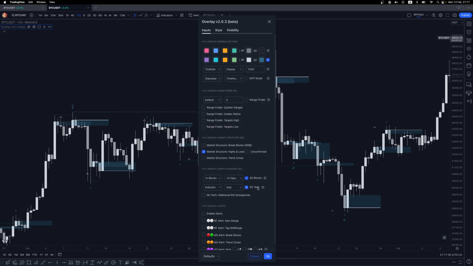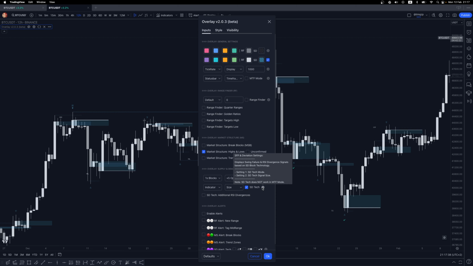So it takes these blocks and then applies logic to it to detect swing failures, and this is one of the key features of this new version: there is now an RSI oscillator integrated behind the scenes, under the hood of the overlay. So it can now track RSI divergence based on market structure, which is just extremely cool, and I'll show you.